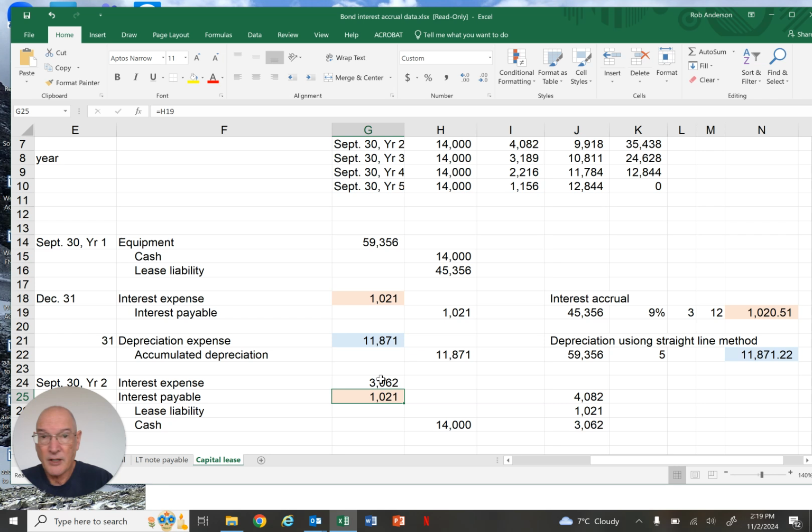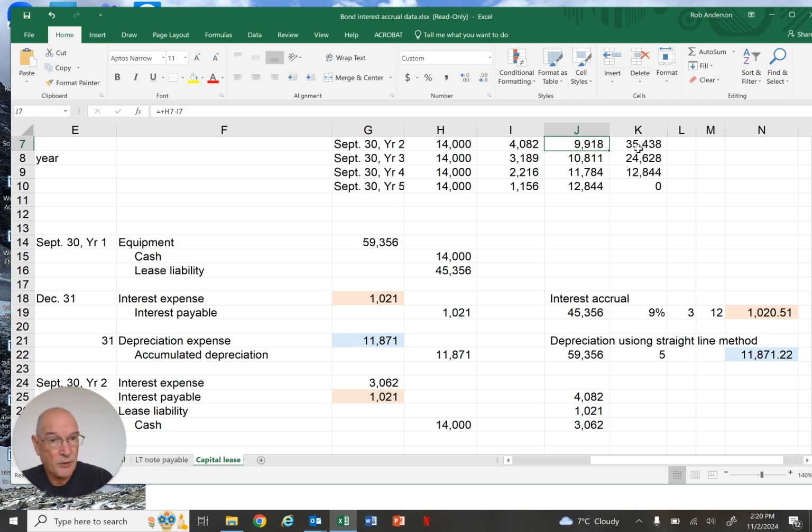Now, how much did our lease liability go down? Well, there are 2 ways to find this, and one is a check. So we know that journal entries have to balance. Now, because our journal entry has to balance, we need to know how much did our lease liability go down. And just recall that of this $14,000 payment, $4,000 and a bit was interest, and the remaining was a reduction of your lease liability.